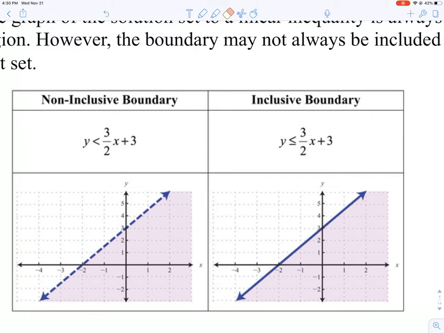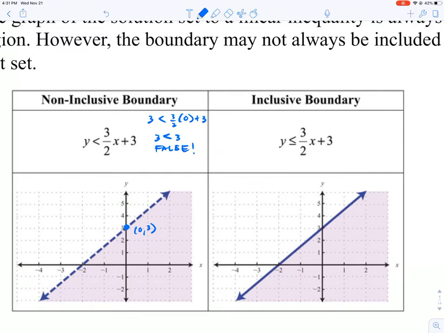And we indicate this whenever we represent the solution set graphically in the XY plane. We represent this as a dashed line usually. And you can see if we pick a point that lies on the boundary line, like (0, 3), and try substituting (0, 3) into this inequality, we would get 3 is strictly greater than 3, which is false.